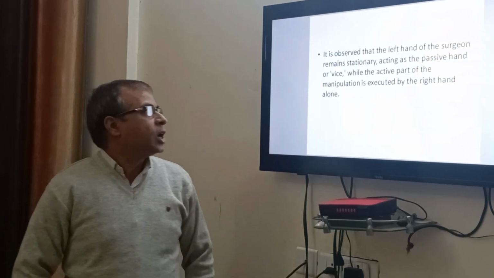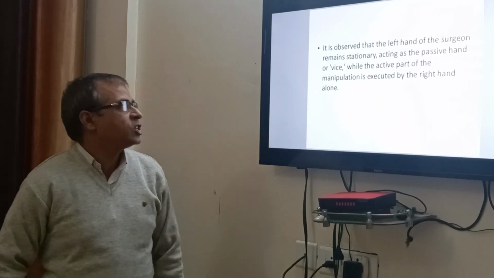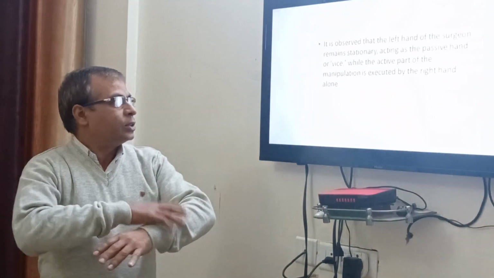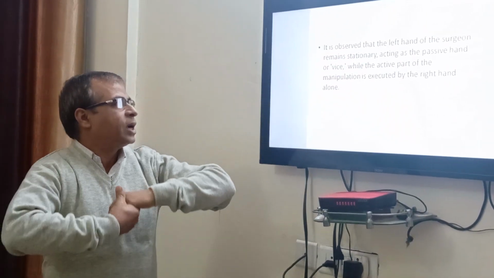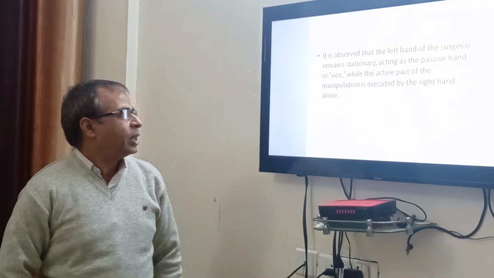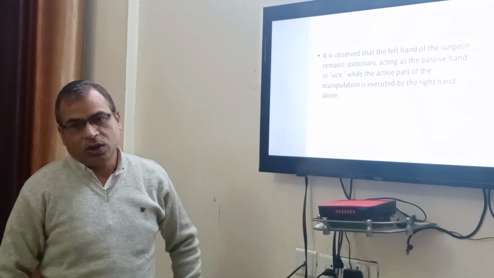It is observed that the left hand of the surgeon remains stationary, acting as the passive hand or vise. The right hand is used for actively reducing the fracture, while the active part of the manipulation is executed by the right hand alone.